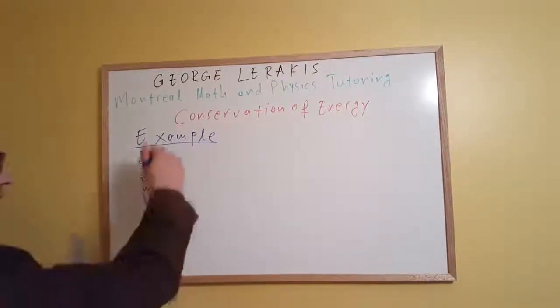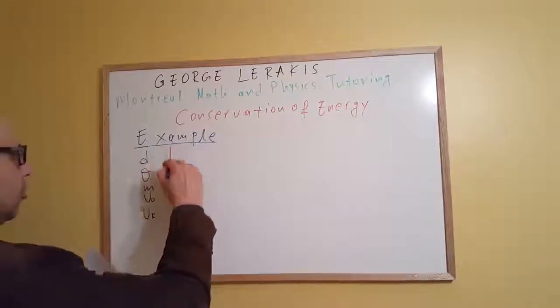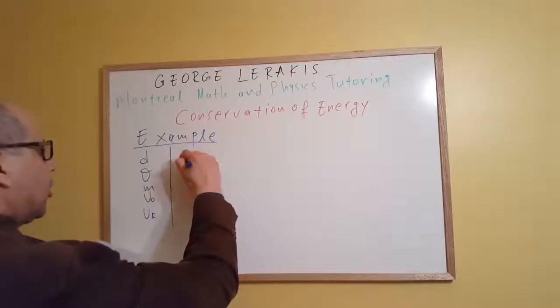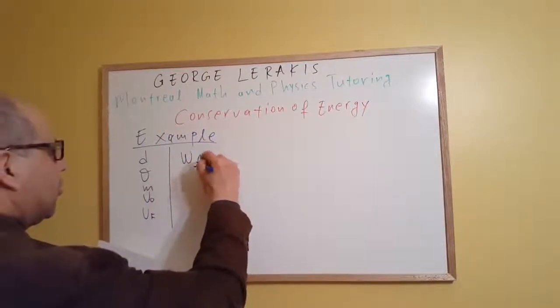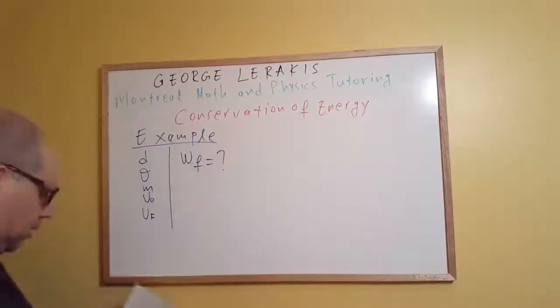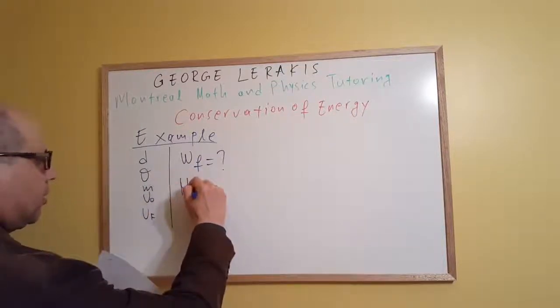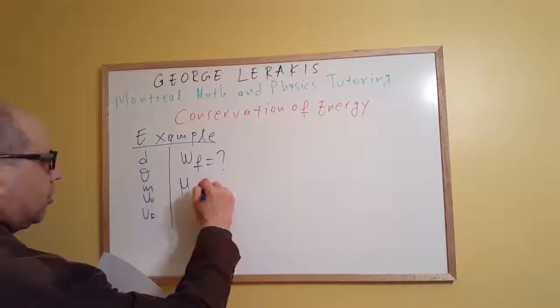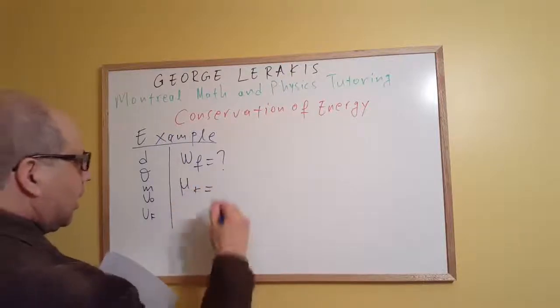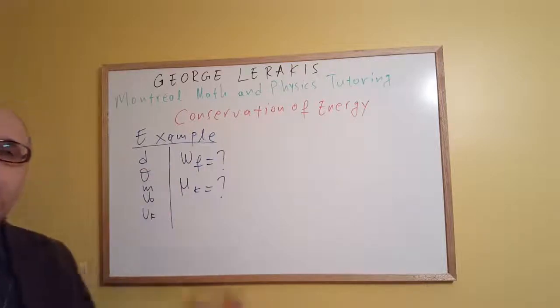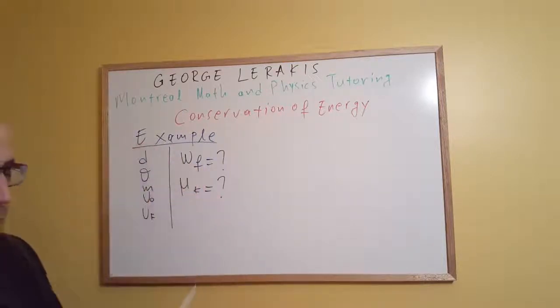So that's what is given, and what we're trying to find is the work of friction and also the coefficient of kinetic friction, mu k, between the guy and the incline.